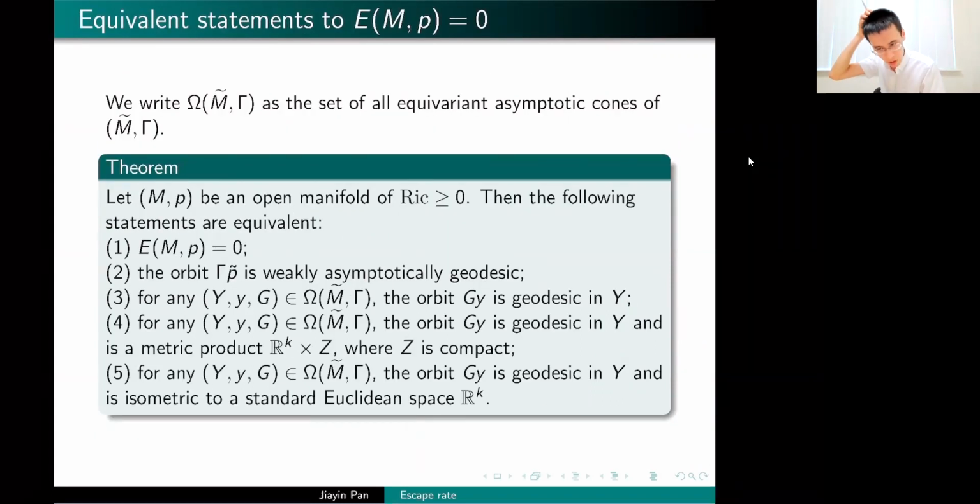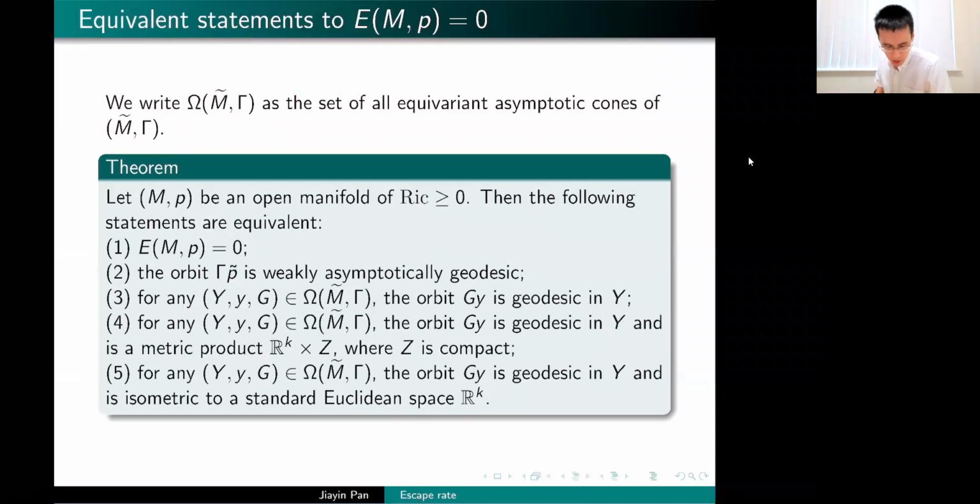Okay, so now we can go back to non-negative Ricci curvature. We write omega of M tilde, gamma as the set of all equivalent asymptotic cones of the universal covering with gamma action. We mentioned that it may not be unique, so that's why we put a set here.